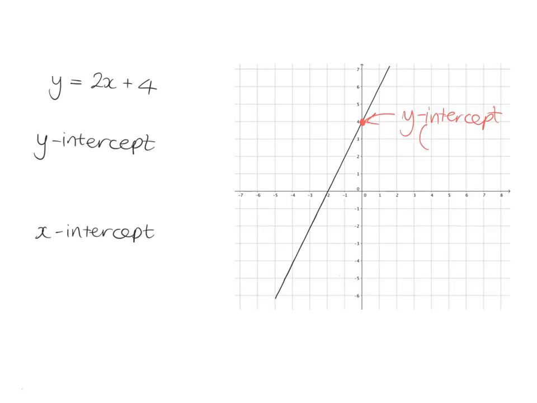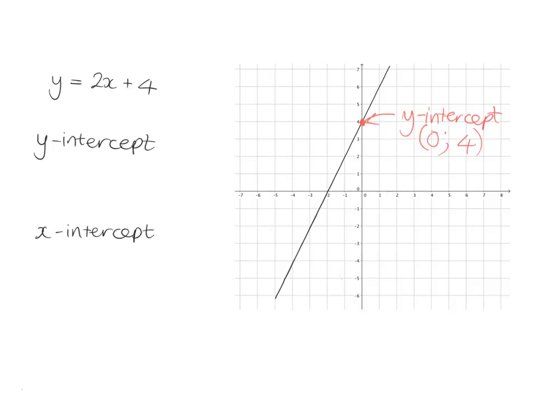Now with the y-intercept, obviously because it's on the y-axis, the x value of that will always be 0, and the y value in this case is 4. Now the x-intercept is a very similar story, except what you're talking about is where the graph cuts the x-axis.